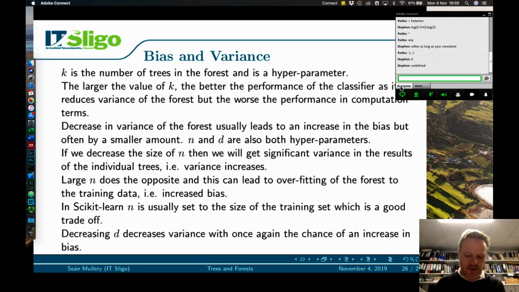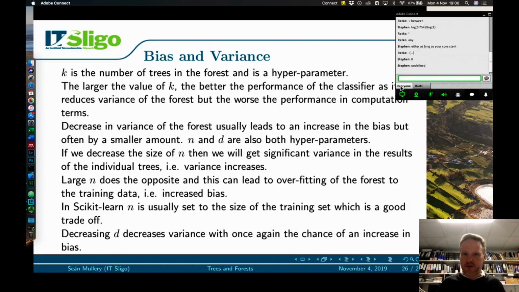But here we're using it in a much more general sense, where it's biased towards a particular set of data simply because it's seen more of that data. And variance, by the way, is just how varied the answer can be, normally determined by variance, or the square root of variance, which is standard deviation.